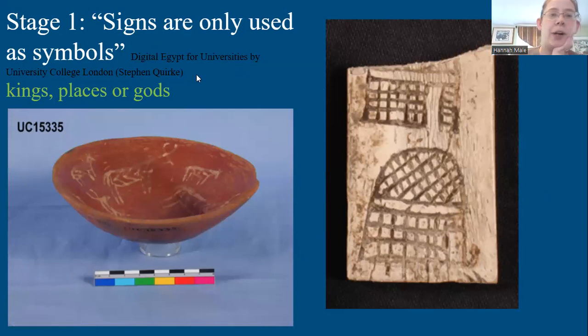And if you want to find more of this out for yourself, the Digital Egypt for Universities site by University College London, and Stephen Quirke seems to be the main gentleman that's worked on this site, is a really good source for the general study of ancient Egypt as well. So that's another web source that I highly recommend.